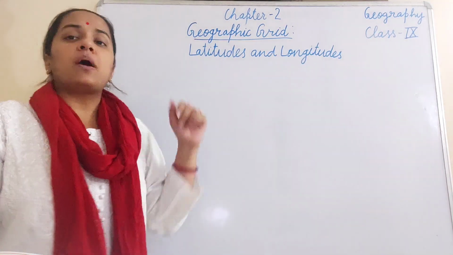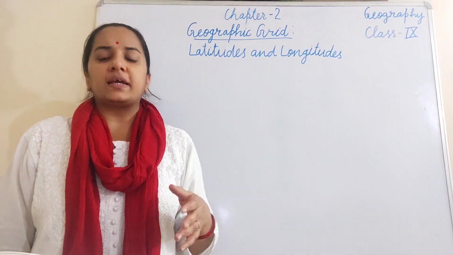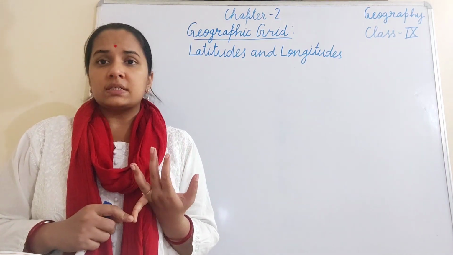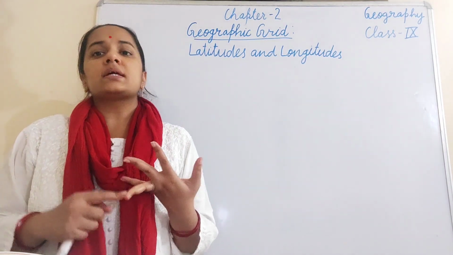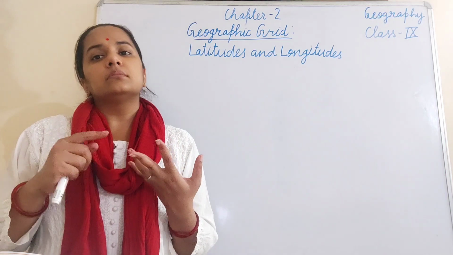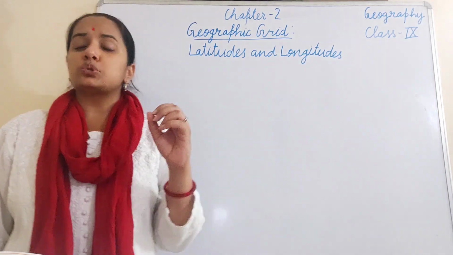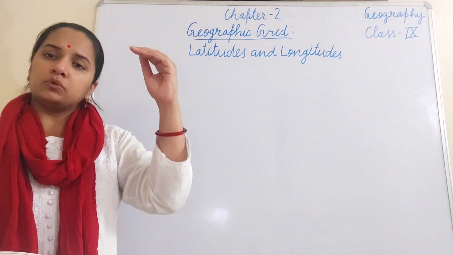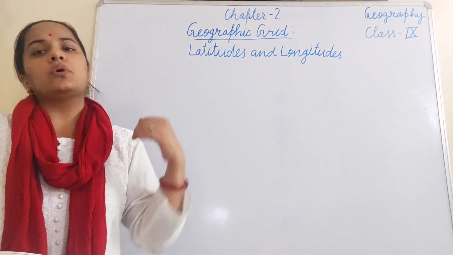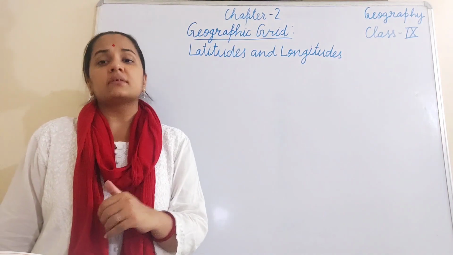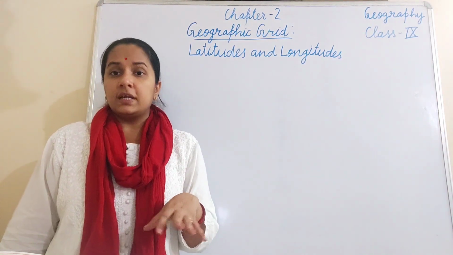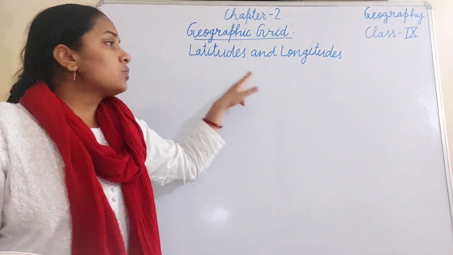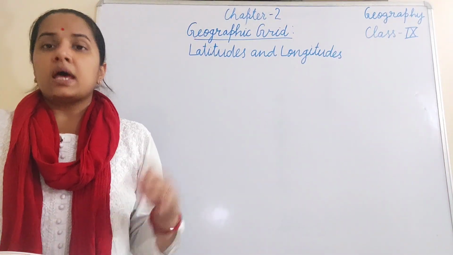Then we learnt about some characteristics of lines of latitude: these lines are drawn at an angular distance. The equator is the largest line of latitude. It is situated at 0 degree, and as we move towards the North Pole or the South Pole in the northern or southern hemisphere respectively, the length of these lines decreases.